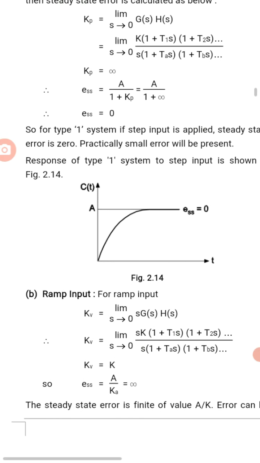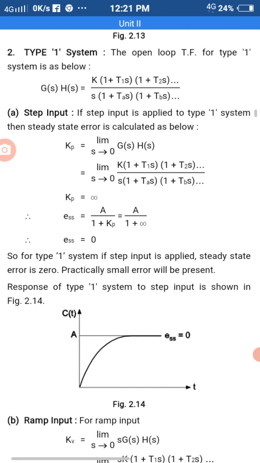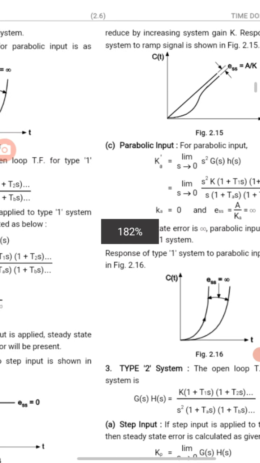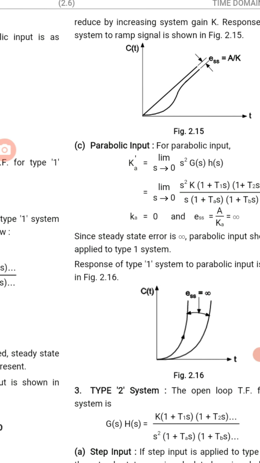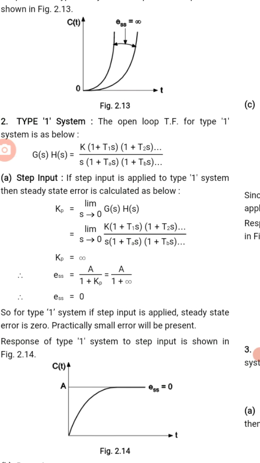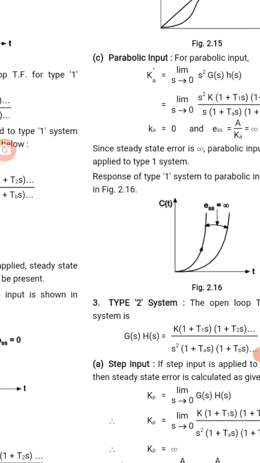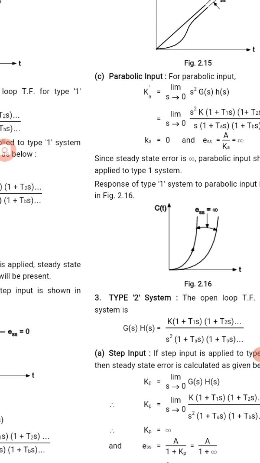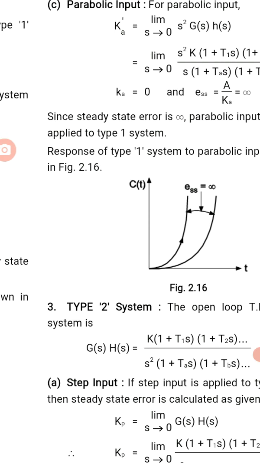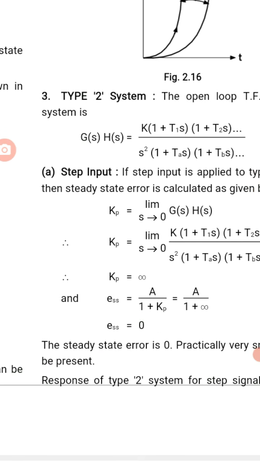If it is ramp input, then steady state error is given by A upon K, which is finite here for the type 1 system. And if parabolic input is there, then definitely system output ESS is equal to infinity. For type 2 system of open loop transfer function, for the step input error is 0.